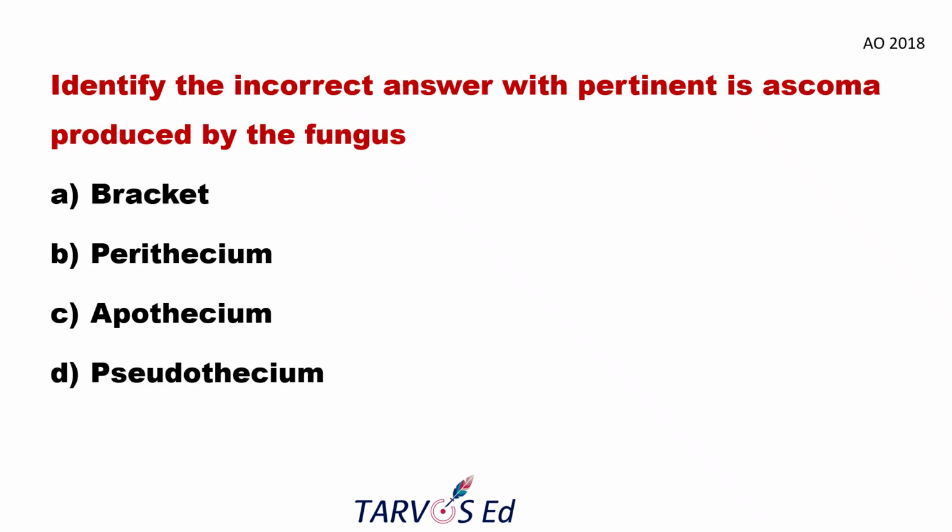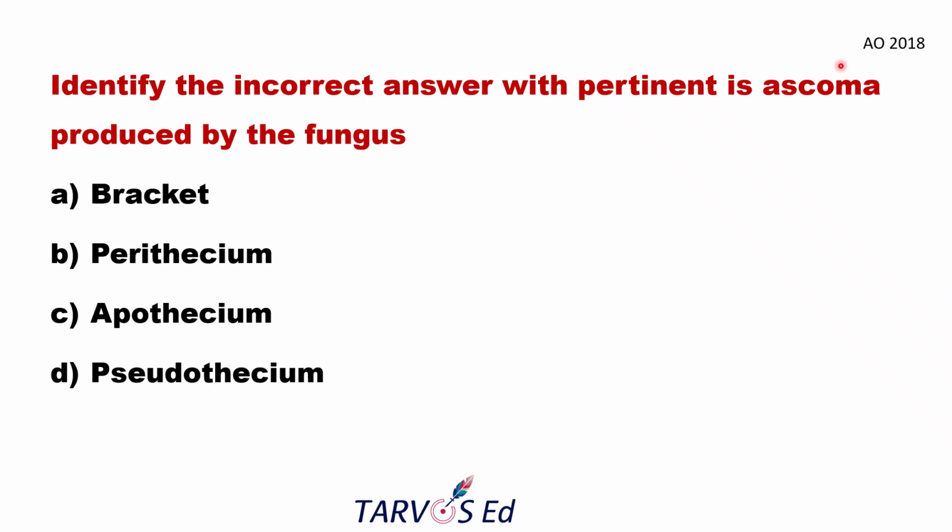Okay, the next question: identify the incorrect answer pertaining to the ascoma produced by the fungus. Here you must observe the terminology ascoma, because it is related to Ascomycota. You might know there are four important phyla in plant pathology related to fungal classification: Oomycota, Ascomycota, Zygomycota, and Basidiomycota.